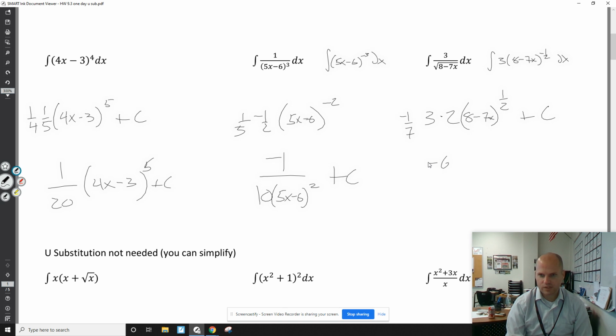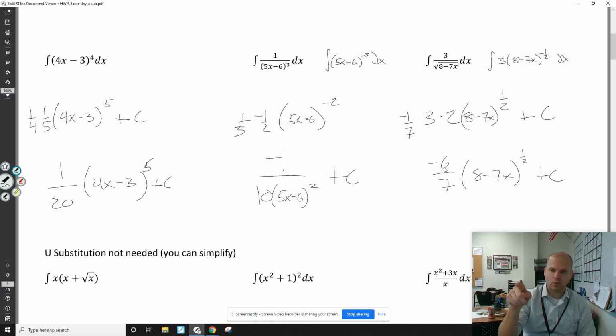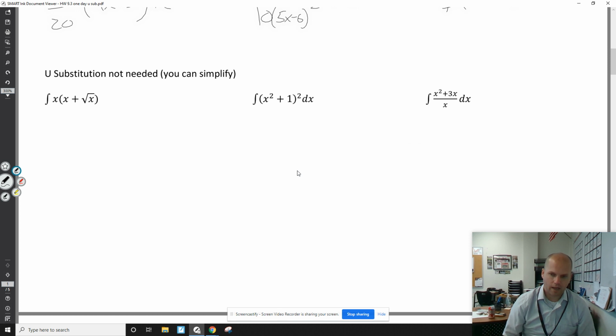That gives me negative 6/7, 8 minus 7x square rooted, or to the 1/2, plus c. Does this work out? Okay, the 1/2 comes down. This turns into a negative 3 times 8 minus 7x to the negative 1/2. Okay, that brings it down, and then I have a negative 7 that comes out. The negatives will cancel, the 7s will cancel. I just leave the 3. It works.